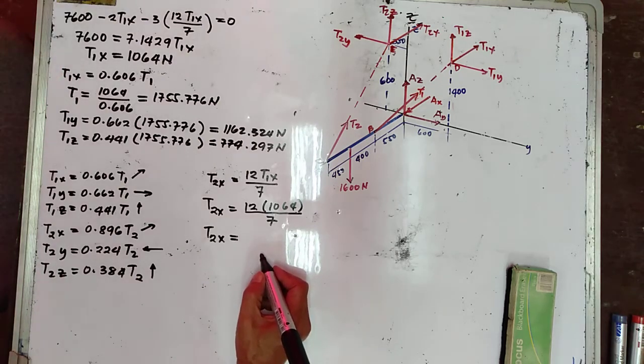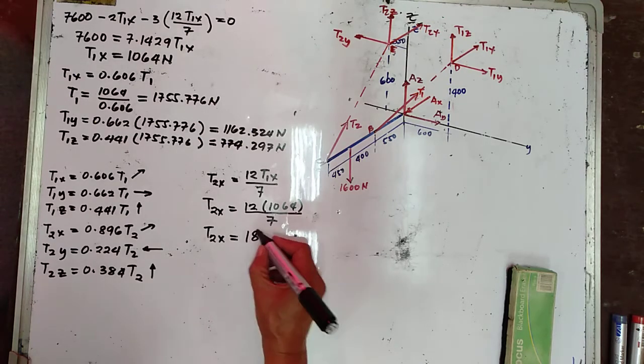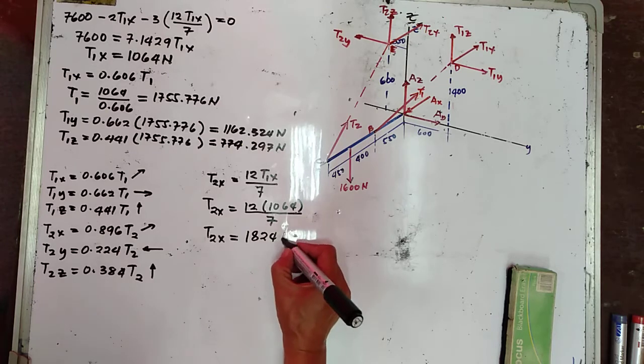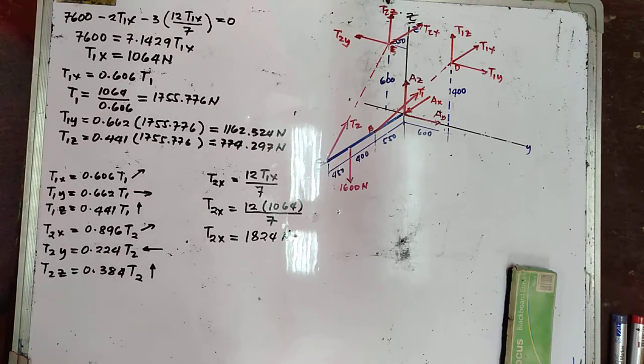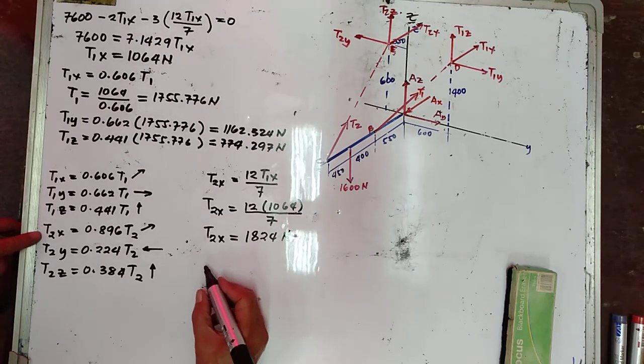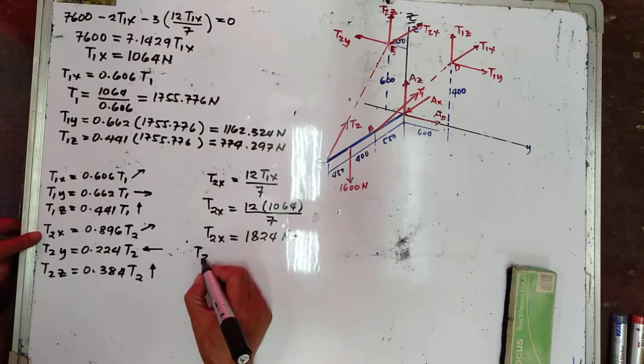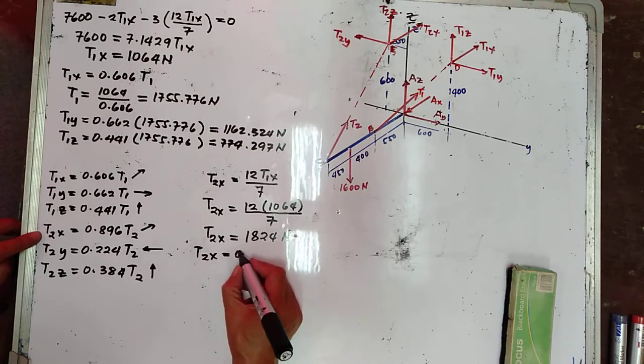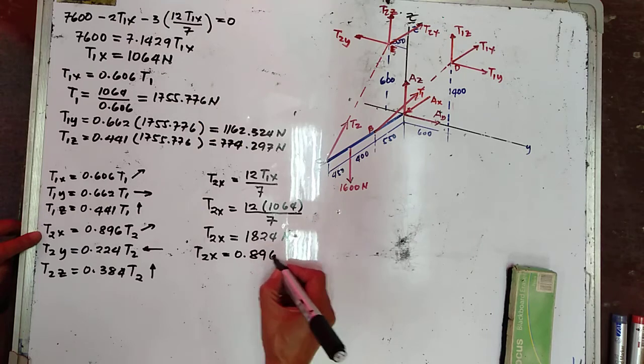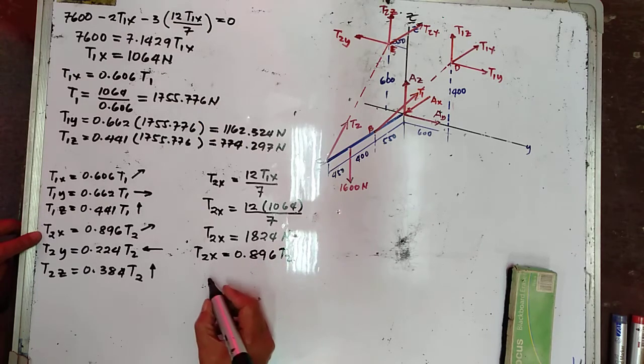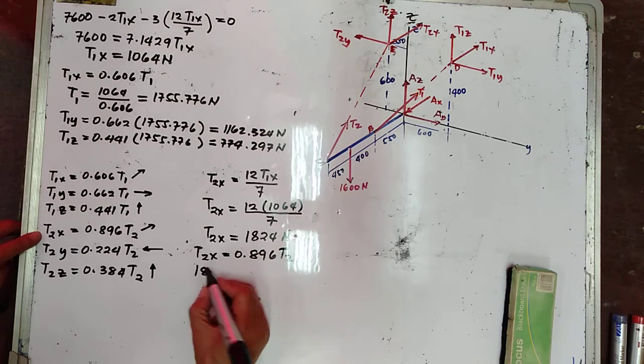So the value of T2X is equal to 1824 newtons. Again, we now have your T2X is equal to 0.896 T2.